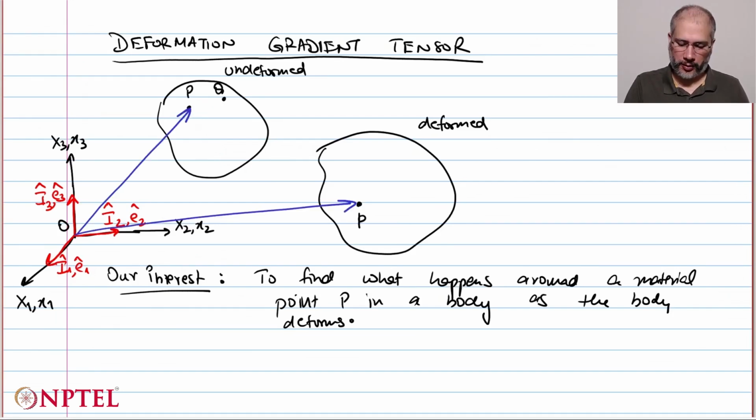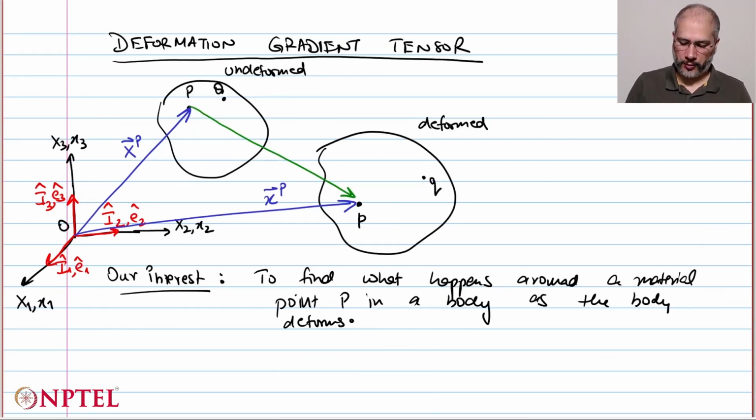So the position vector for capital P is given as capital XP, and the position vector for small p is small xp.